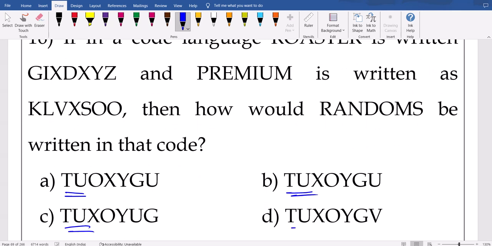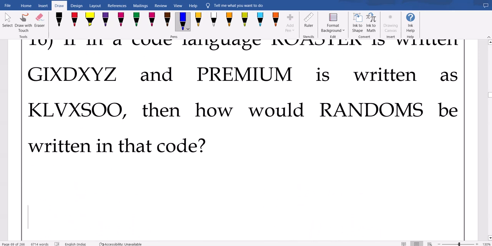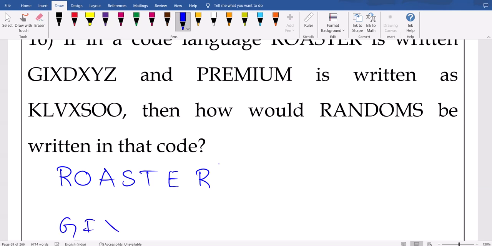For cracking the question, I already gave one logic. Write it below. What are the codes for roster? Write exactly below for that in the exam so that you can think about the question in a better way. So whether it is swapping or whatever logic they give, you can think about it in a better way.